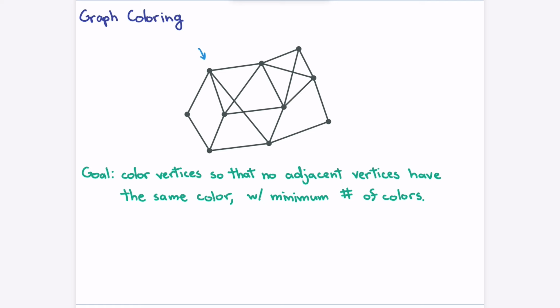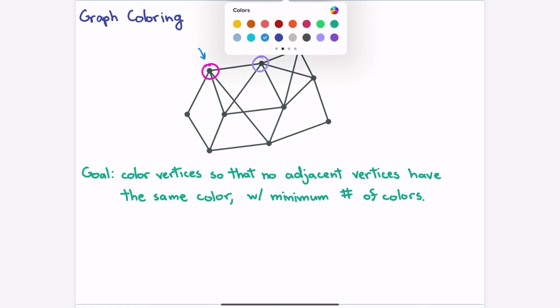All right. So this top left vertex, what color should I give it? Pink. What's a good pink? Hot pink? Okay. How about this vertex? It's got to be a different color. Good. All right, how about up here? Black.